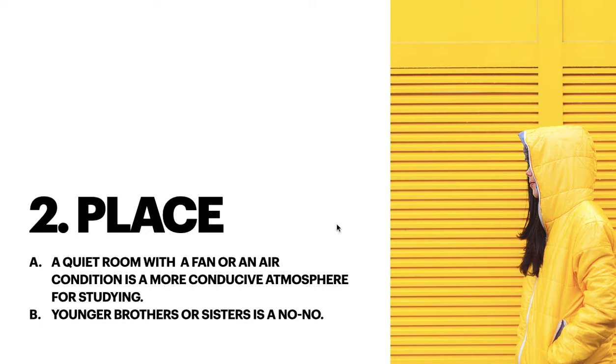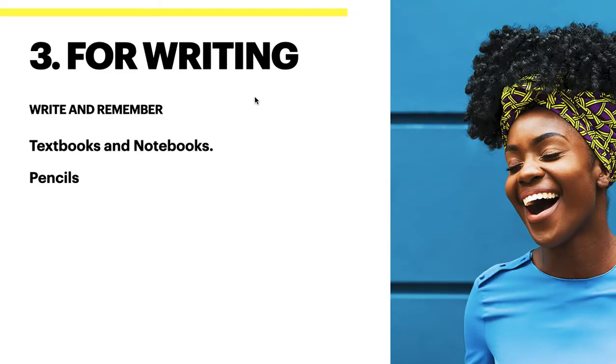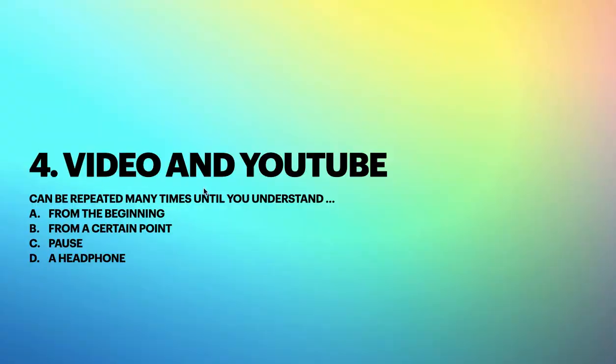Now, number three, for writing, you have to get ready your textbook, your notebooks, and also pencils. Perhaps you need to write down or do your homework or jot down some notes from the teacher or from the video. Next, number four, video and YouTube. This is interesting.